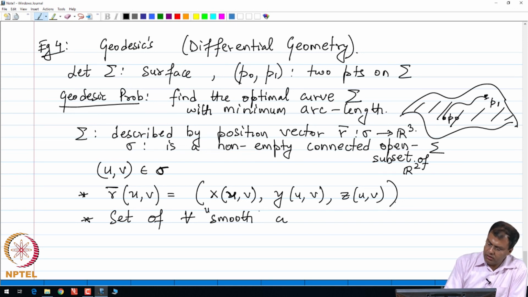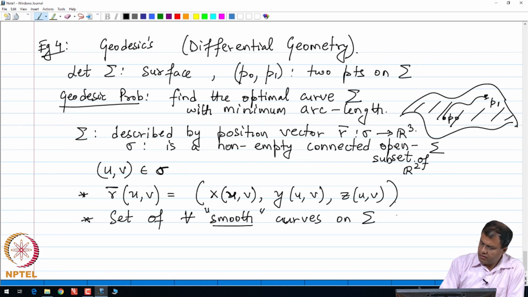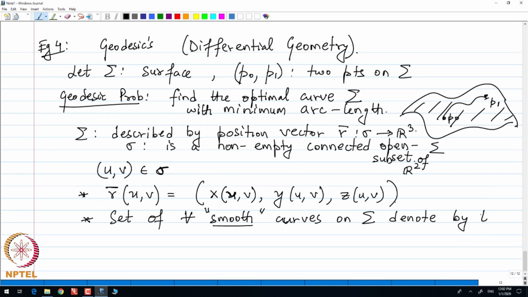So, the set of smooth curves on sigma, we denote it using the parameter t, such that t is taken from some interval along the real axis, t0 to t1.